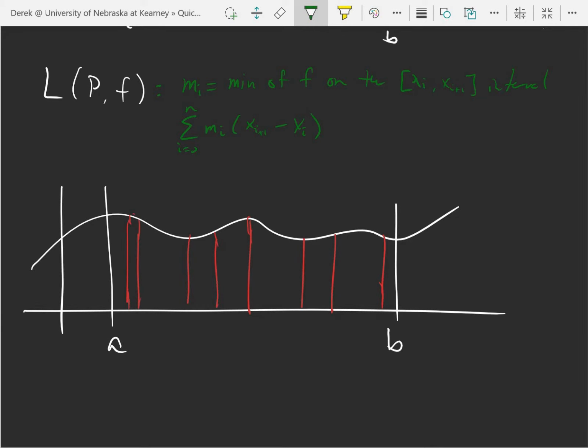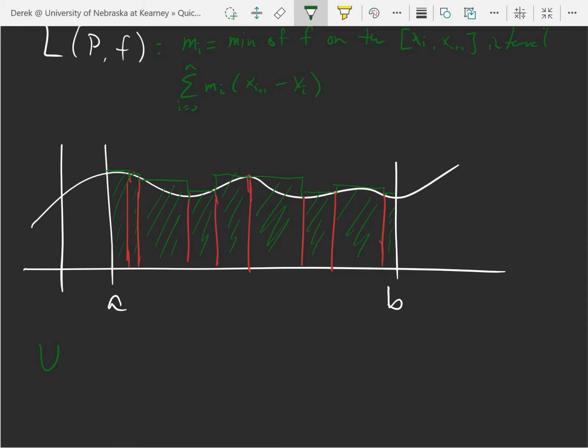So the rectangles I draw are above the curve, and so they overestimate the area under the curve here. This green area overestimates the area under the curve, but not by too much.